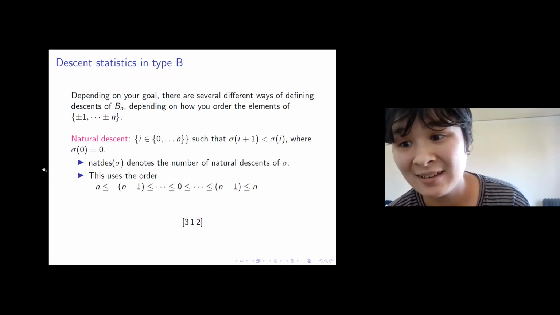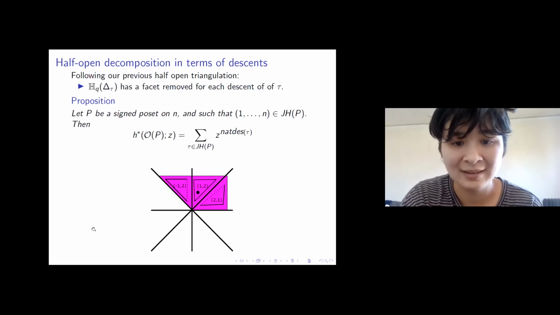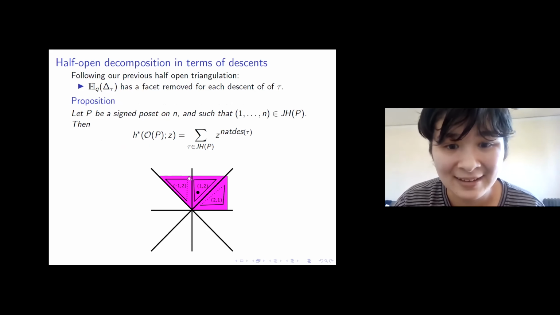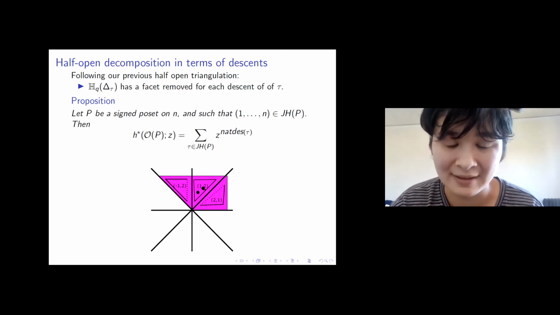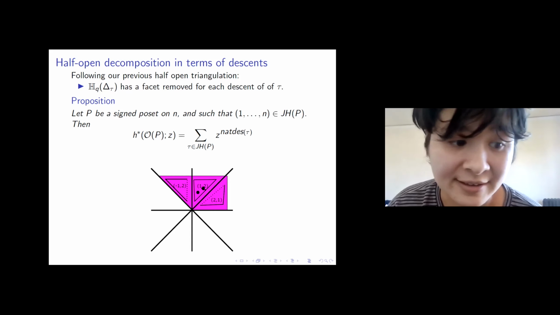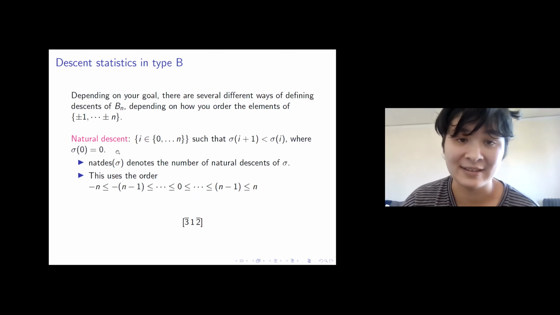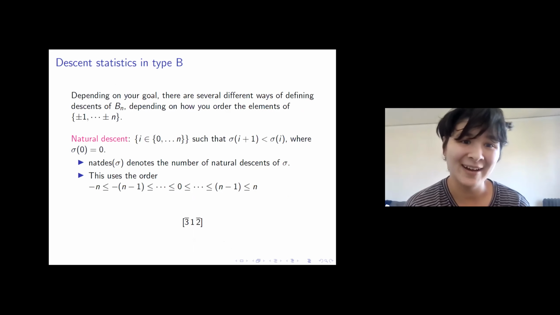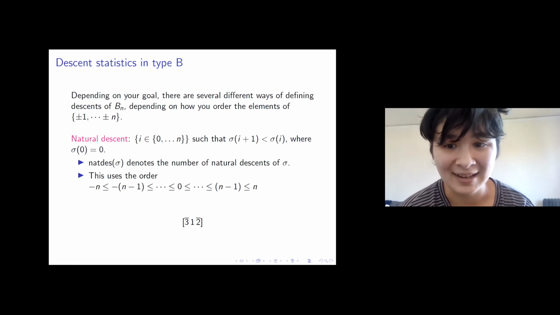Now I want to talk about how we can use this labeling to know how many facets are removed in each triangle. We're going to use the idea of descent statistics. Depending on your goal, there are a lot of different ways to define descent statistics on the signed permutation group.